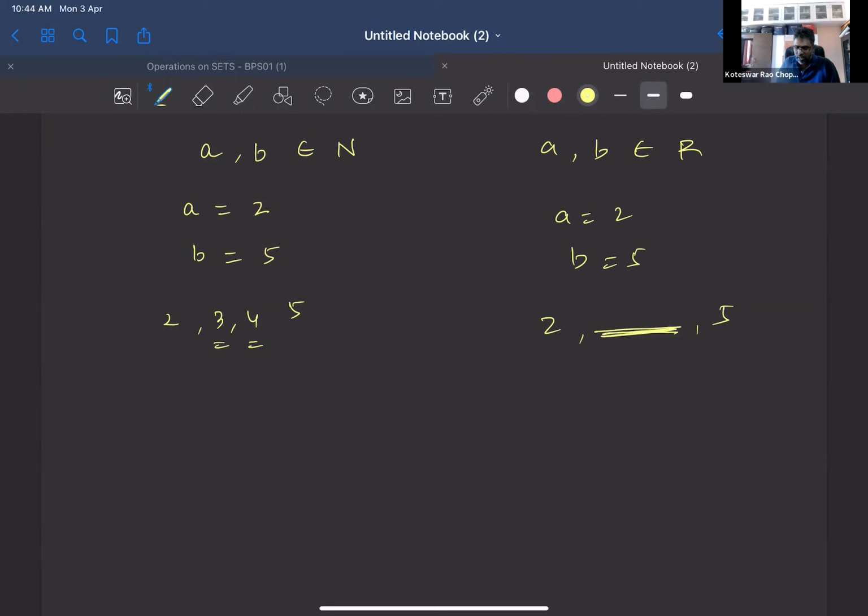So you have infinitely many real values. Now, that is the reason why the interval notation is used only for real numbers.